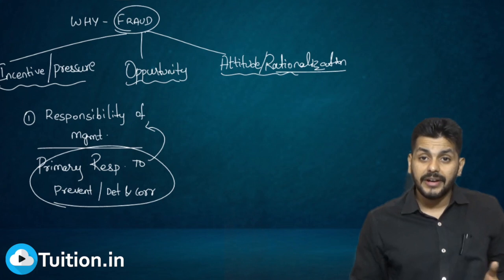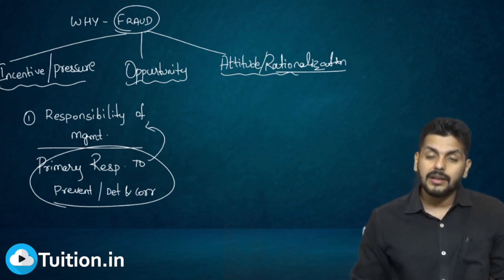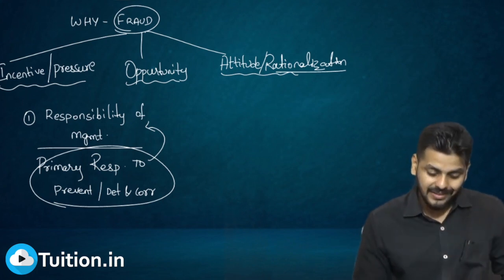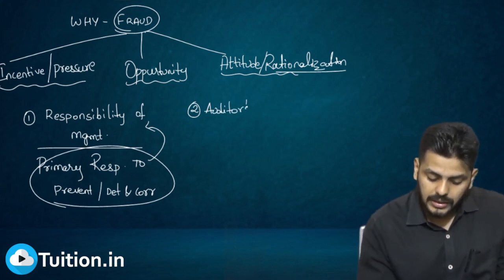We are not involved in finding out frauds. See, we are not set out here on a mission to go and find out frauds. The primary responsibility to find out a fraud is the responsibility of management. Having said that, then what is the auditor's responsibility?